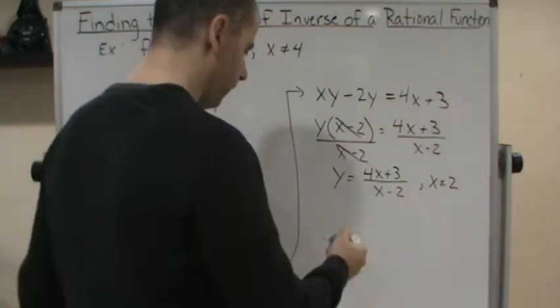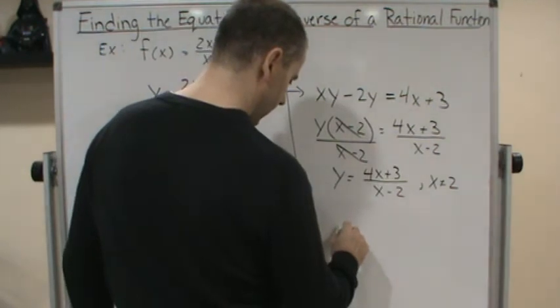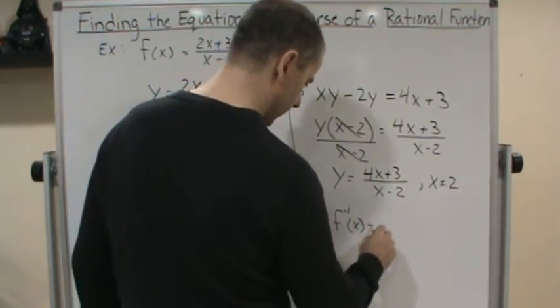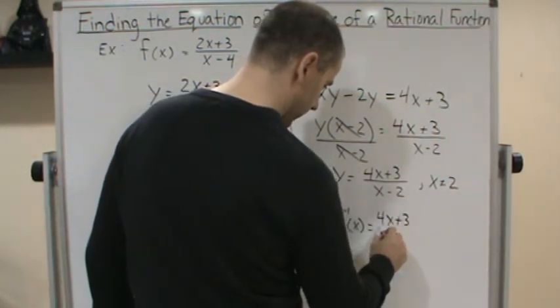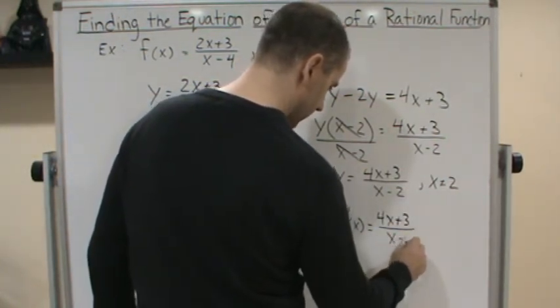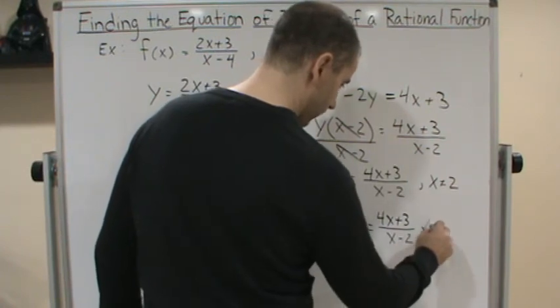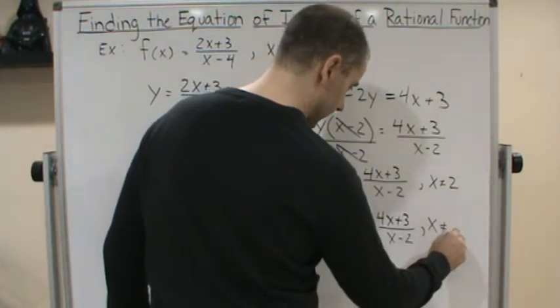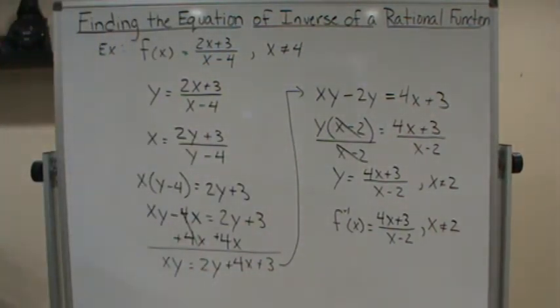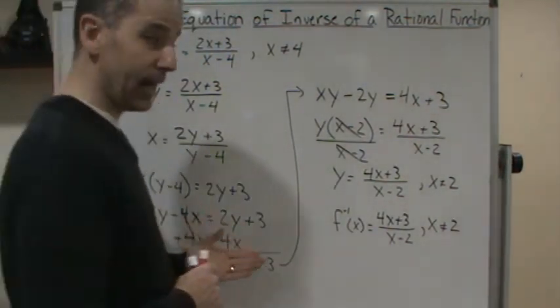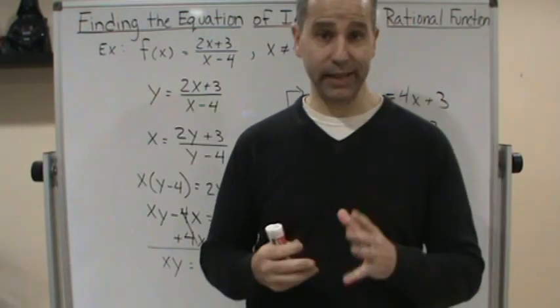And so, f inverse of x equals 4x plus 3 over x minus 2, where x cannot equal 2. And we're done.